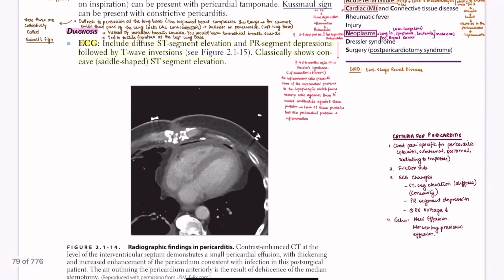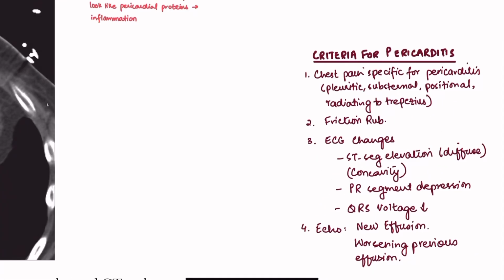Now that we have discussed pericarditis, I want to lightly touch upon the criteria for pericarditis. The criteria includes chest pain specific for pericarditis, which we've talked about already, which is pleuritic, substernal, positional, radiating to the trapezius, and there's going to be frictional rub, which you can appreciate with your stethoscope, and there's going to be ECG changes like ST segment elevation, which is going to be diffuse, and there's going to be concavity present, PR segment depression, and QRS voltage decrease.